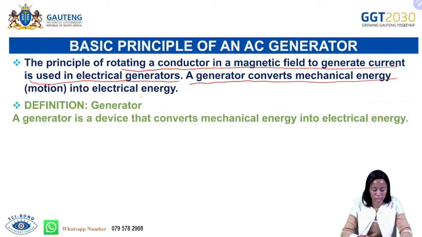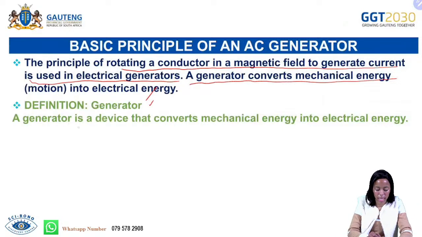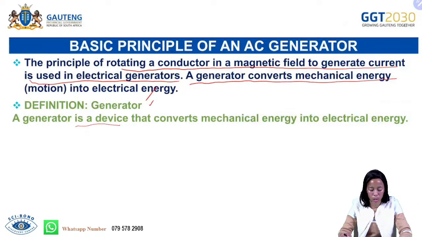With the definition, a generator is a device that converts mechanical energy into electrical energy. So remember, again, with the definitions, you need to define according to the examination guidelines there.